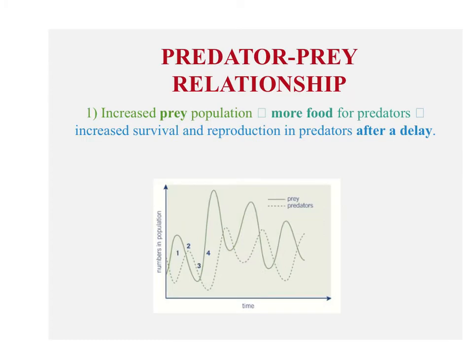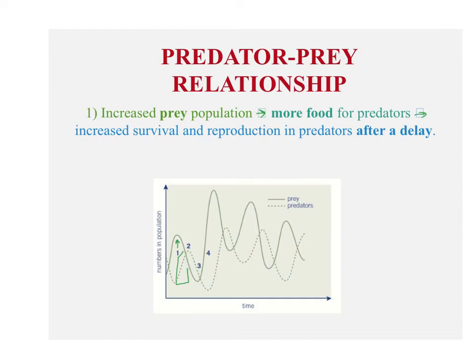So for step 1, we have got an increase in the prey population. I should have highlighted that step 1 is pointing to the solid green line. And as those prey increase, there's going to be more food for the predators. So after a short delay, once the predators have recognised there's more food there, the predators are also going to increase. And we can see that with this upshot that I've just put in an ugly green box.